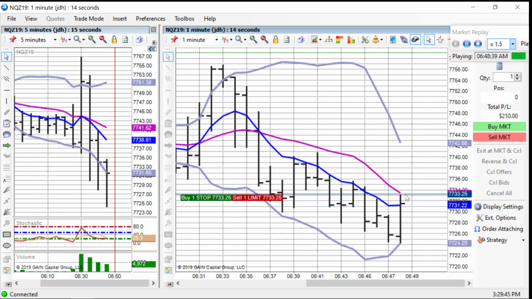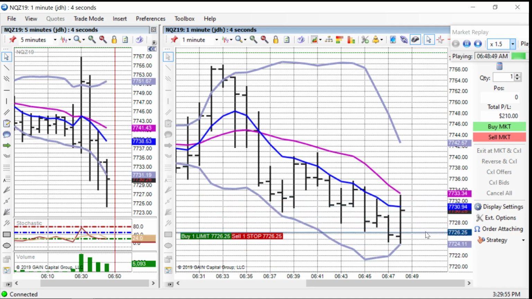And that's really looking weak. So I'm just going to let this develop a little bit more. Ideally, I'd like to see a 1, 2, 3 bottom formation if it is going to change direction.